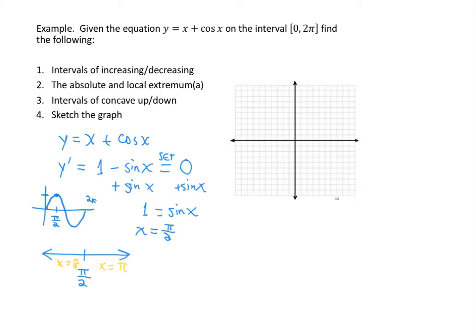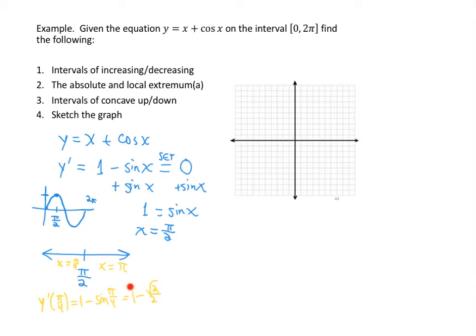So if I do that, I get that y prime of pi over 4 is 1 minus sine of pi over 4. So it's 1 minus root 2 over 2. I could use my calculator to figure out whether or not this is positive or negative, but I know that square root of 2 over 2 is some number that's less than 1.